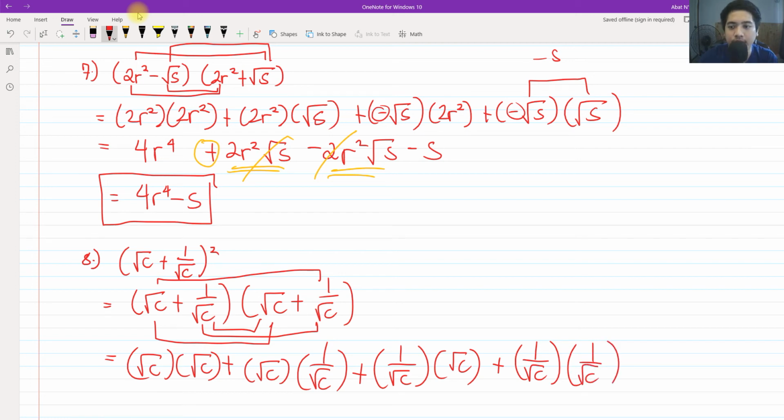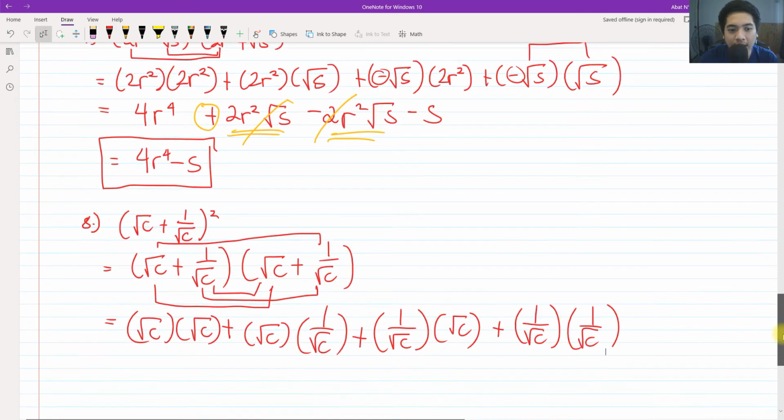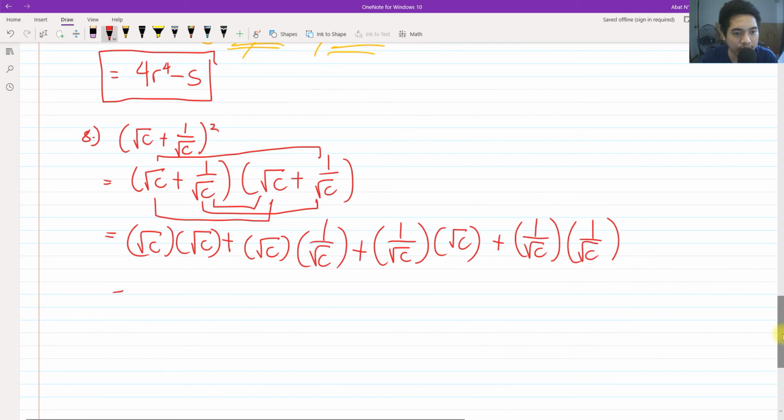Positive. So what happens here is that square root of c times square root of c is c. And as you can see, these two cancel because it's a multiplication. The other one is in the numerator and the other one is in the denominator. So therefore, they cancel. This also cancels.